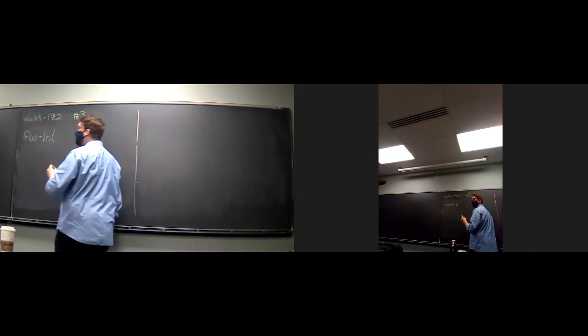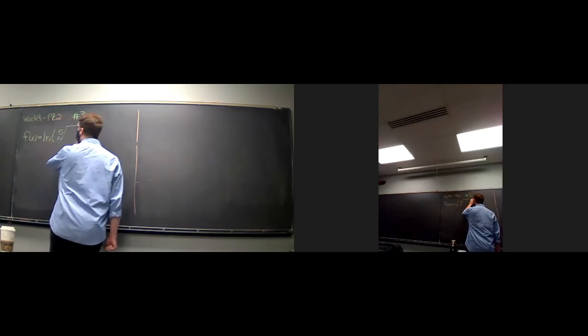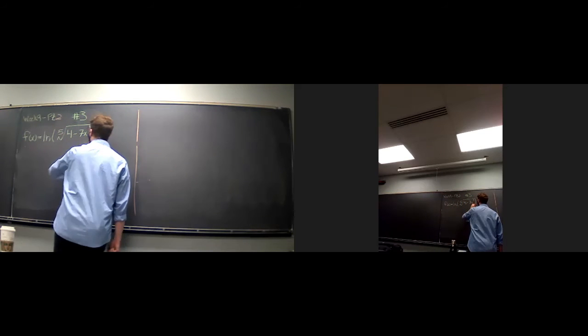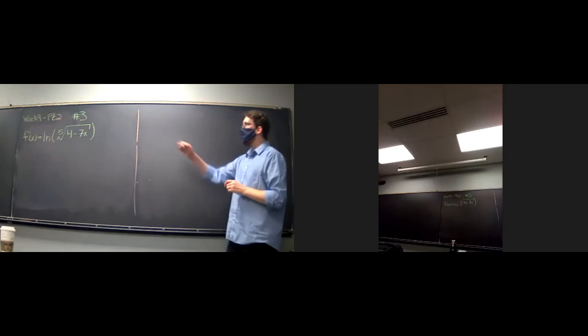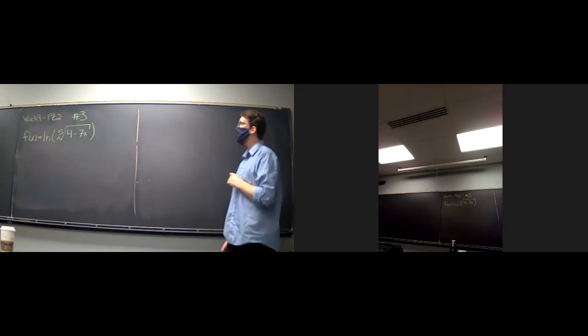This comes out to be the ln of the 5th root of 4 minus 7x. Now, before we do anything else, let's rewrite that, because that is a mess.